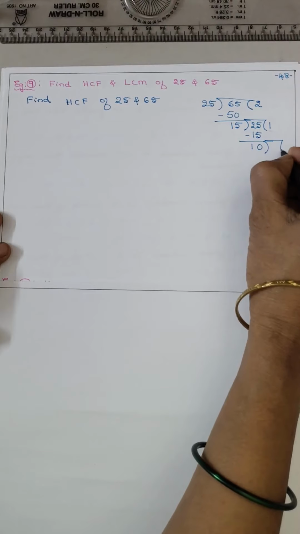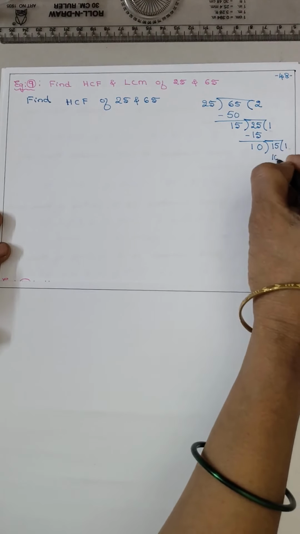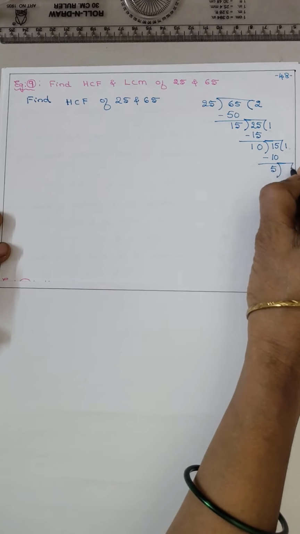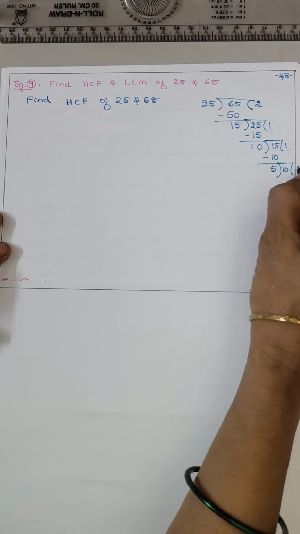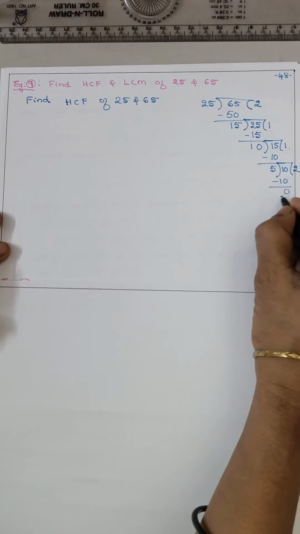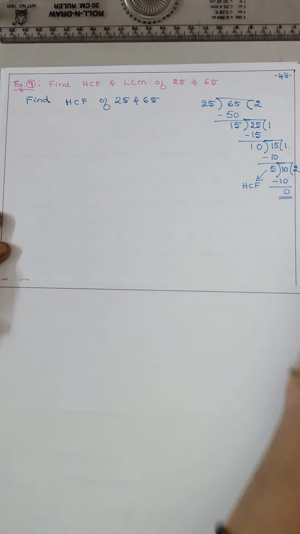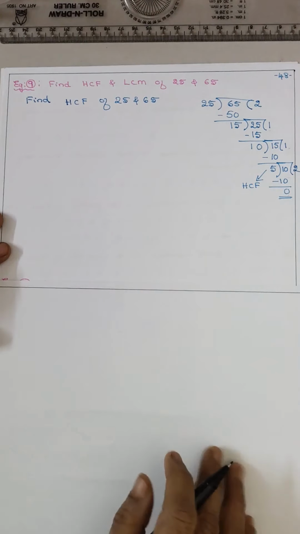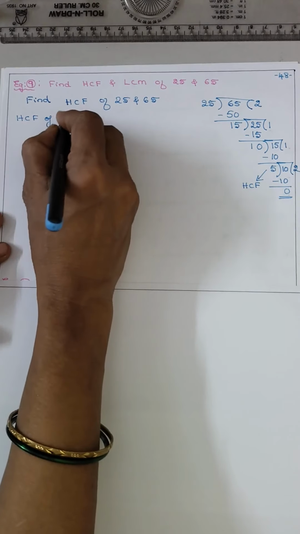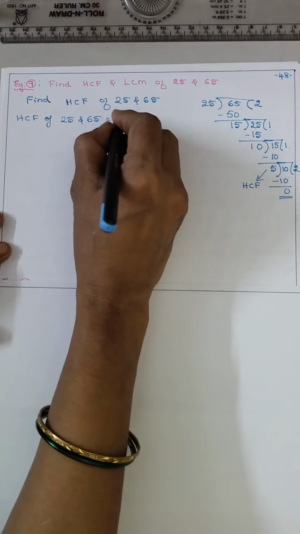Now 15, take it inside. 10 ones are 10. 5 remain. Now 10 goes inside. 5 twos are 10. So which is the HCF? 5 is the HCF. So HCF of 25 and 65 is equal to 5.